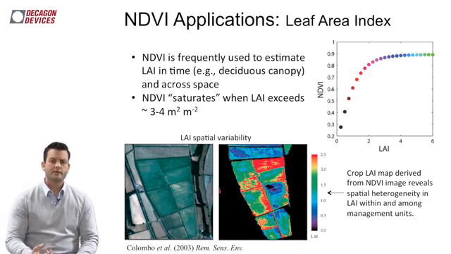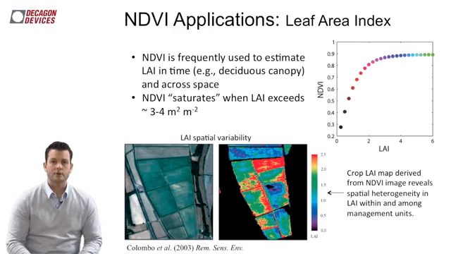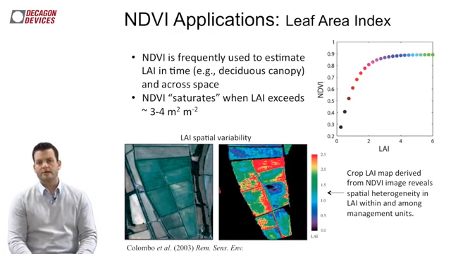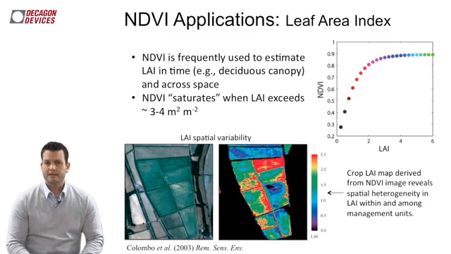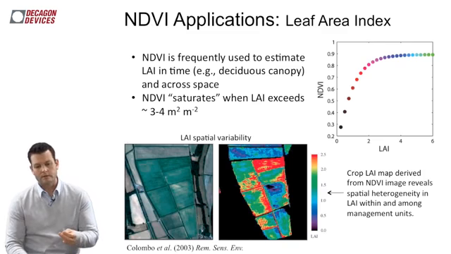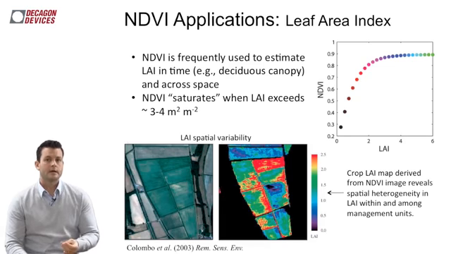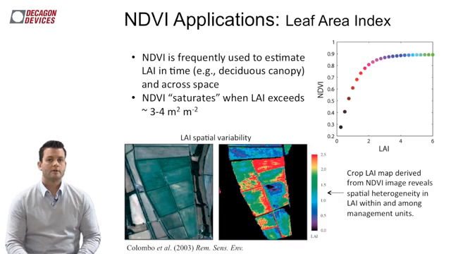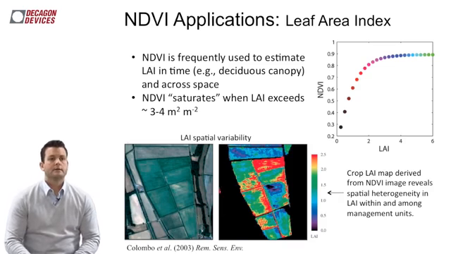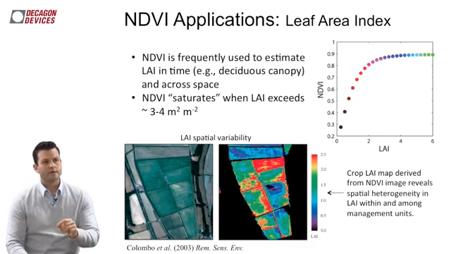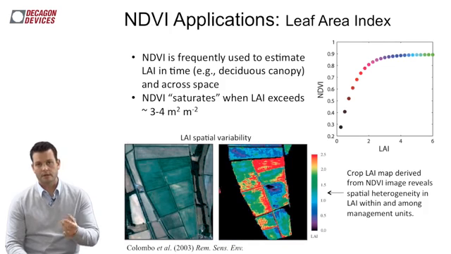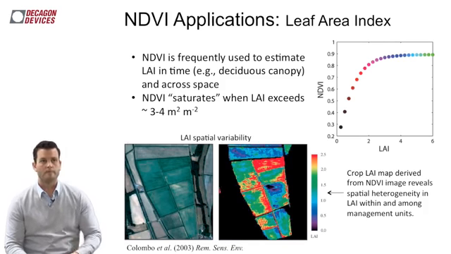So one thing to point out here is that the figure in the top right shows that once we get above LAIs of 3 to 4, NDVI tends to saturate in its relationship with leaf area index. And that's simply because in the red band, chlorophyll absorption tends to be very low, even at low LAIs. So as we add more leaf area, there's only very minor changes in absorption that occur beyond an LAI of 3 or 4.